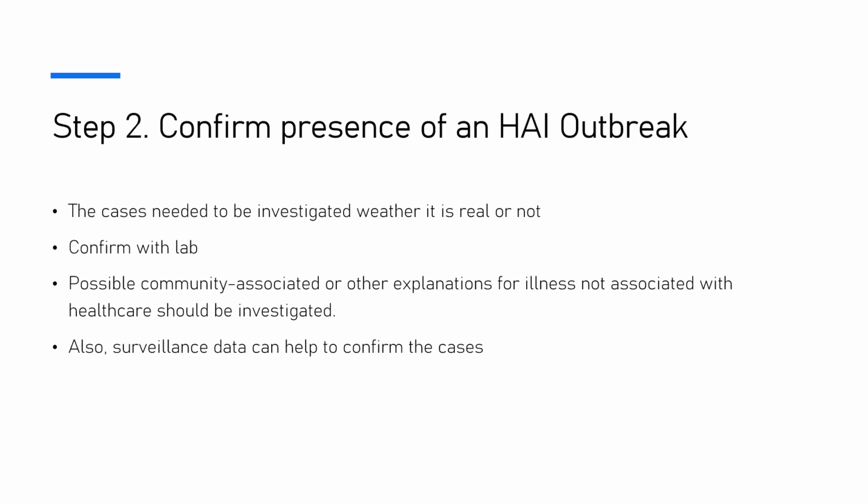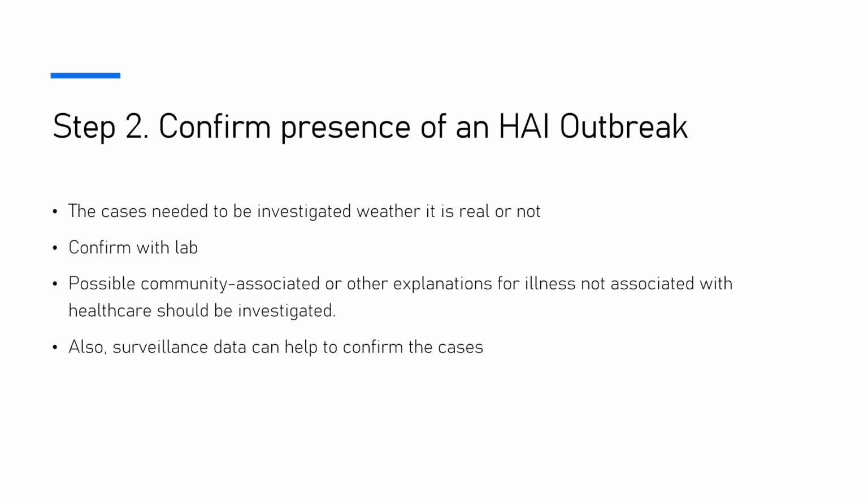For the second step, you should know if this is an HAI outbreak or not. So you need first to confirm with the lab to see if this outbreak happens in a community setting or in a healthcare-acquired setting.